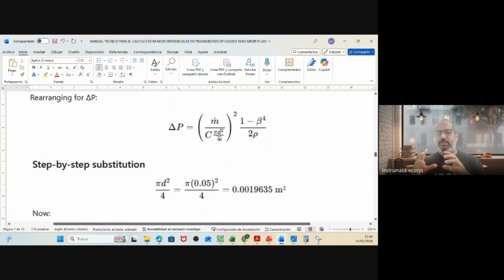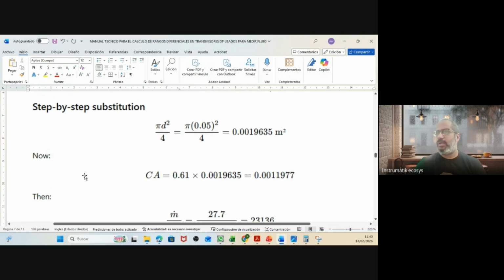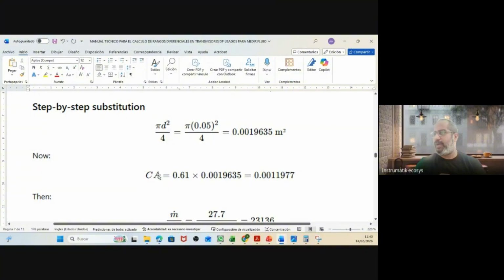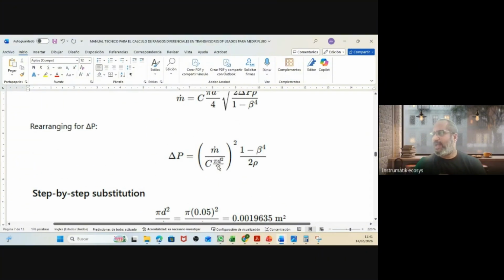So you're going to substitute, or calculate, by pieces. First one, this one, area. Now you need to multiply the discharge coefficient by the area. And you have this value. Now you have the number for this calculation.